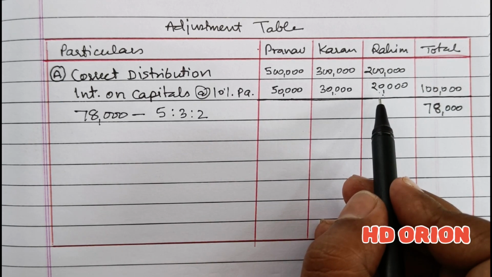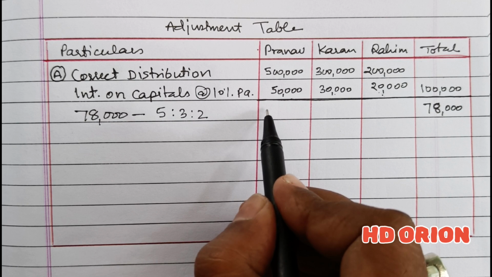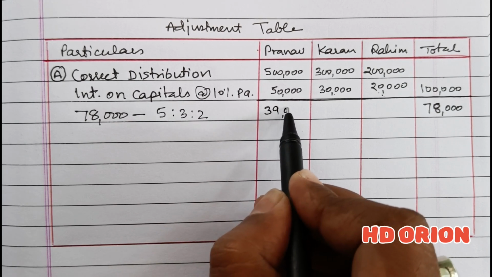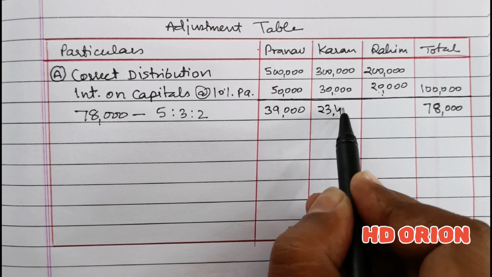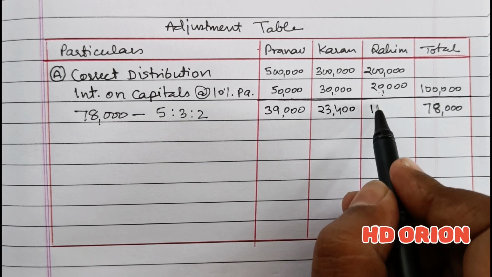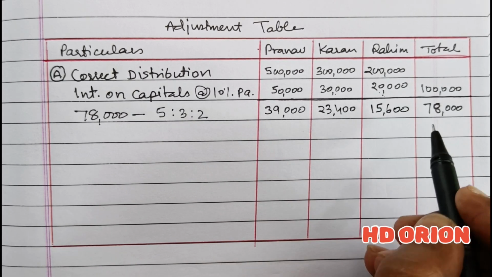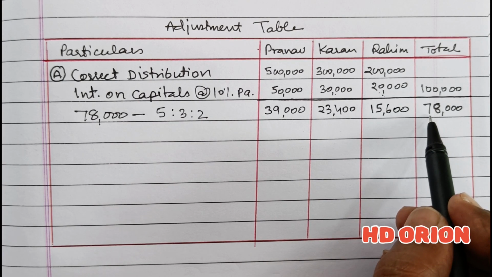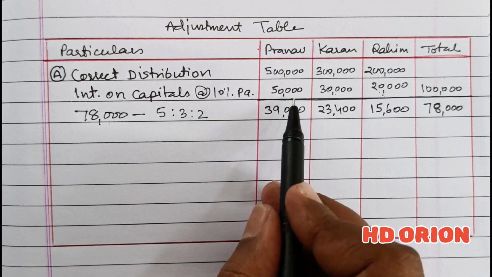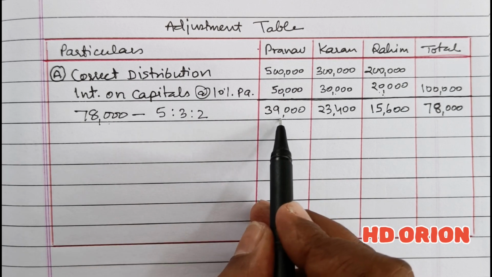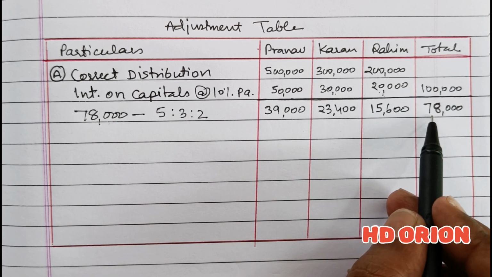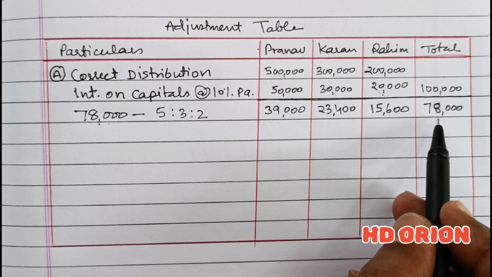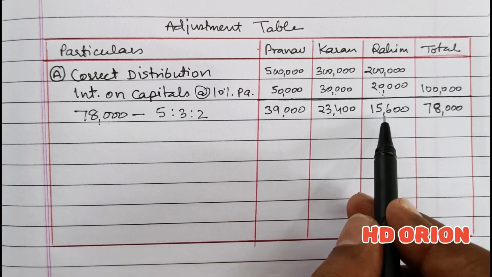Now, when you give this, the first partner should receive rupees 39,000, the second partner rupees 23,400, and the third partner should receive rupees 15,600. So you have to break 78,000 in the interest on capital ratio. So this is the correct amount which the partner should receive out of total profit earned during the year, rupees 78,000. So this was the amount.